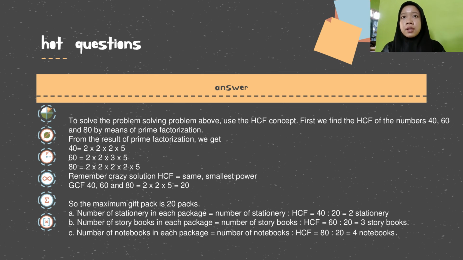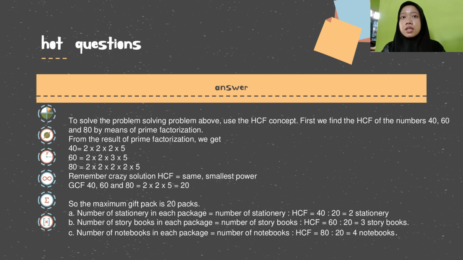Remember the solution: HCF equals the same factors with the smallest power. HCF of 40, 60, and 80 equals 2 × 2 × 5 equals 20. So the maximum gift pack is 20 packs.